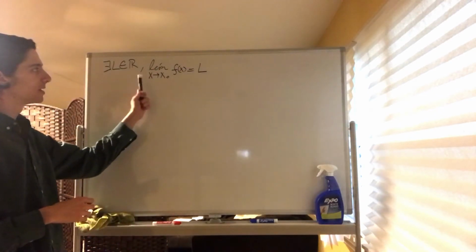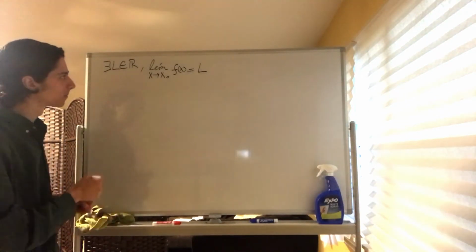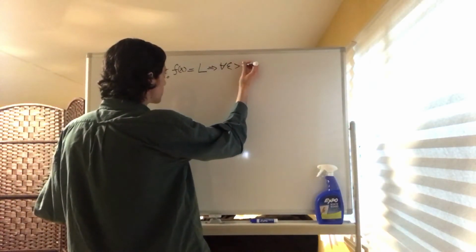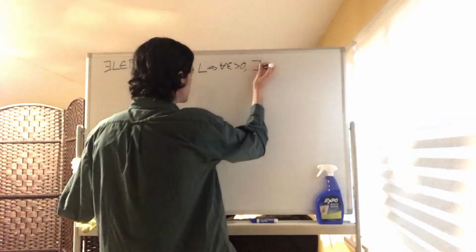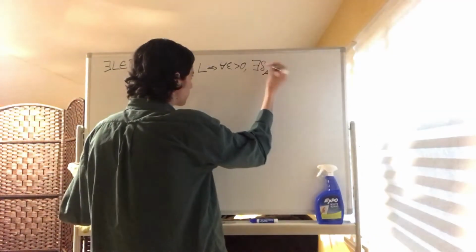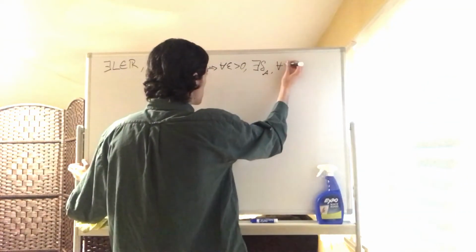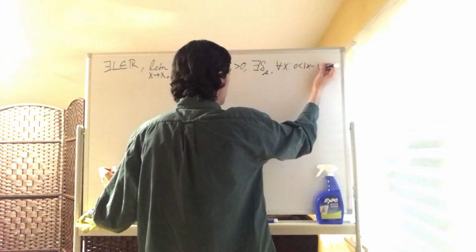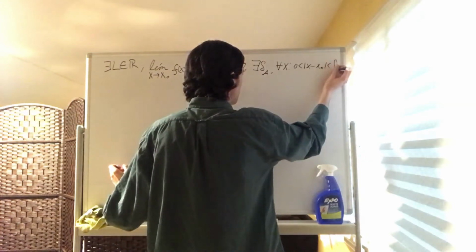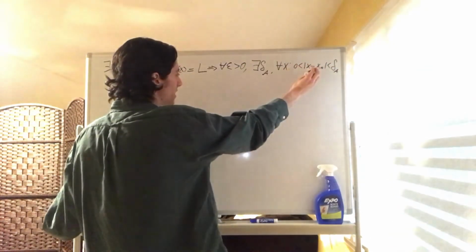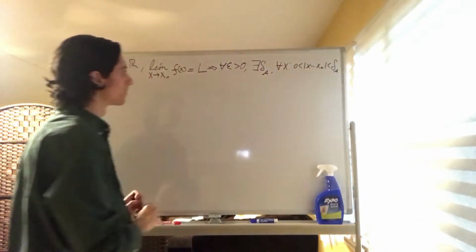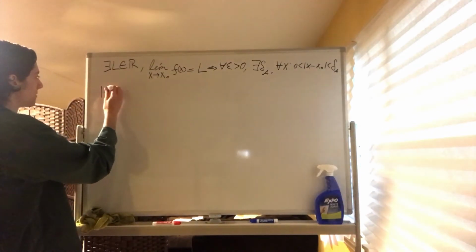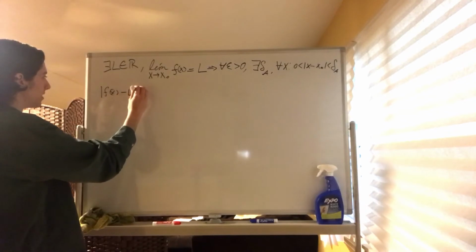So let's look at what we are assuming and go from there. We are assuming that the limit exists, for some L, which means for all epsilon greater than 0, there exists a delta, which we'll call delta A for assume, such that for all x, whenever x is within delta of x naught, which is the same thing as saying that whenever 0 is less than the absolute value of x minus x naught, which is less than delta, this implies that the absolute value of f of x minus L is less than epsilon.